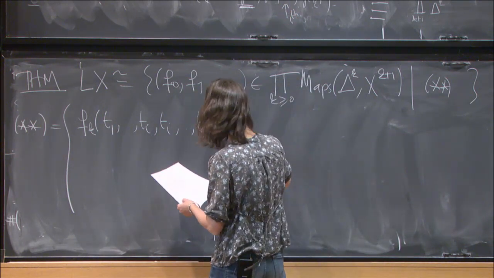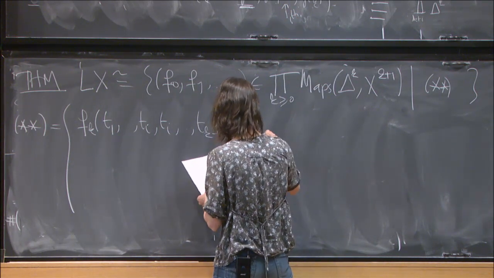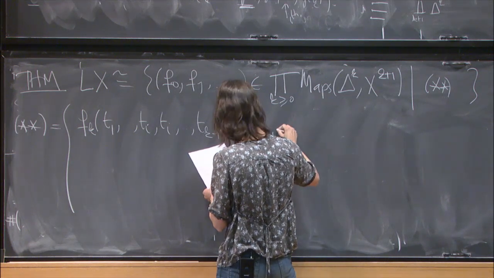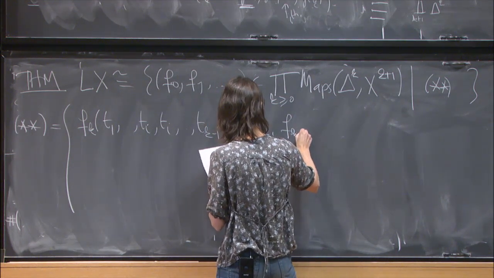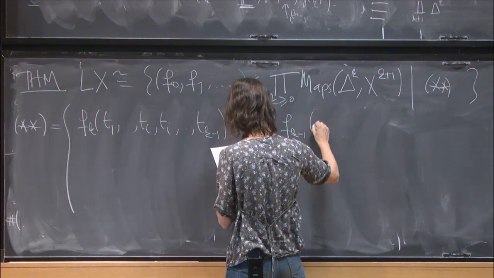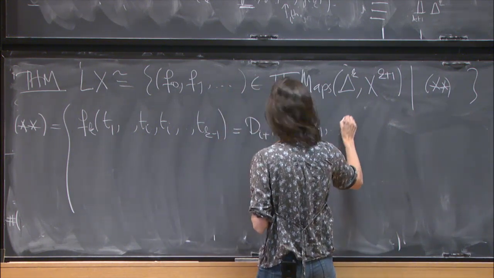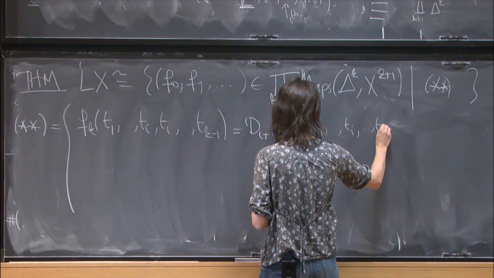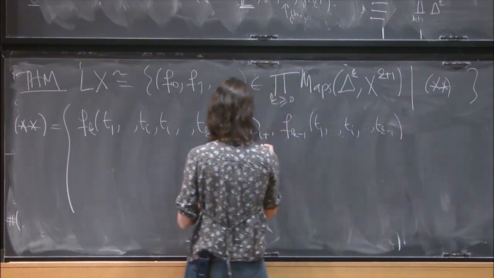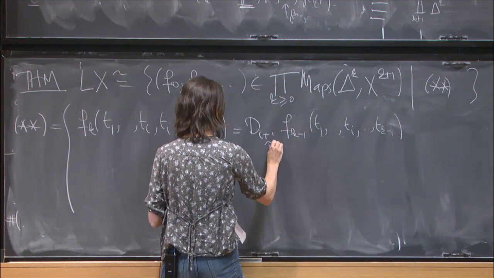So this is the I plus 1 diagonal of fk minus 1 of t1, ..., ti, ..., tk minus 1.